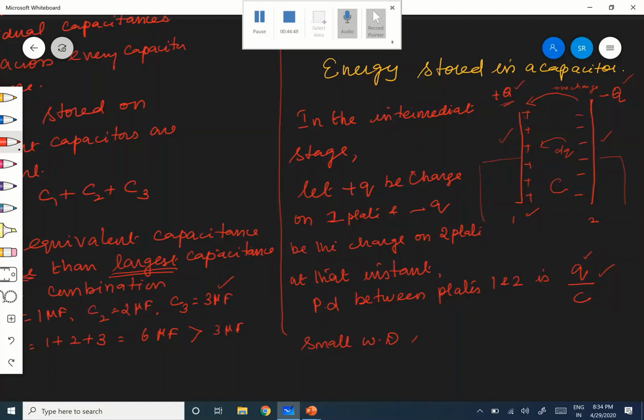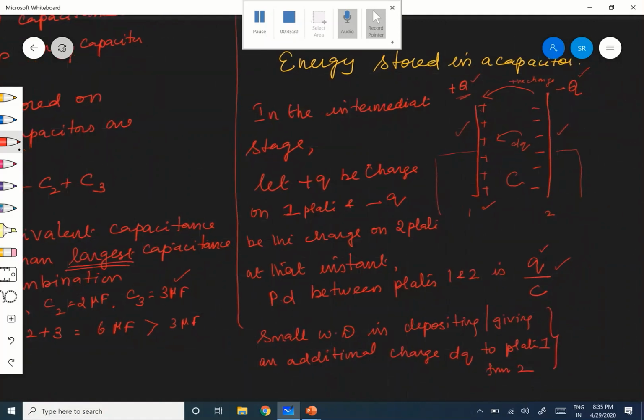Already there is a constant charge q on the plate. Now in addition I am going to give an additional charge dq to plate 1, taking it from plate 2. That is important.